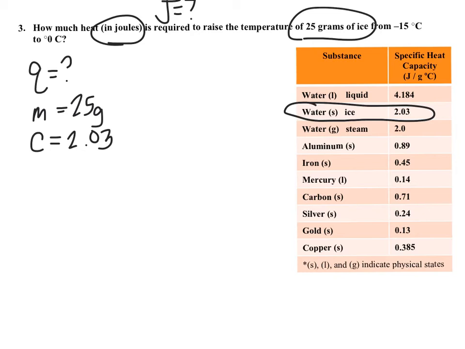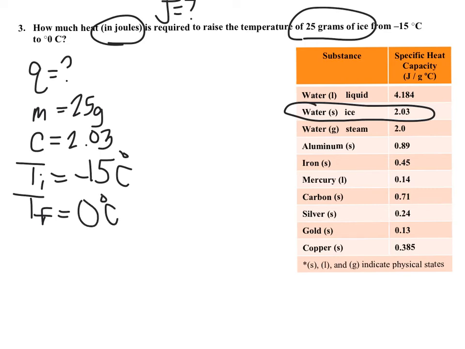All right, what else do I know from my information? It's going to be from negative 15 degrees Celsius to 0 degrees Celsius. It's going to be heated. So that means it looks like my starting temperature is going to be negative 15 degrees Celsius, and my final temperature is going to be 0 degrees Celsius.